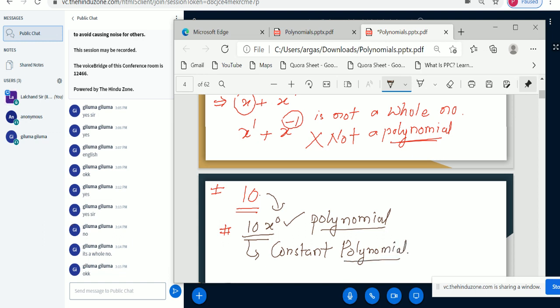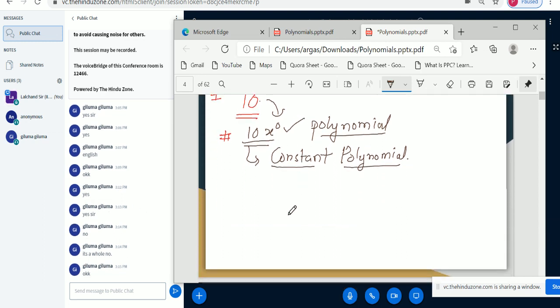Okay, so how do you define something as constant, 1 degree, 2 degree? Basically, there is a term in polynomial called degree. What do you mean by degree of a polynomial? What do you understand by degree?